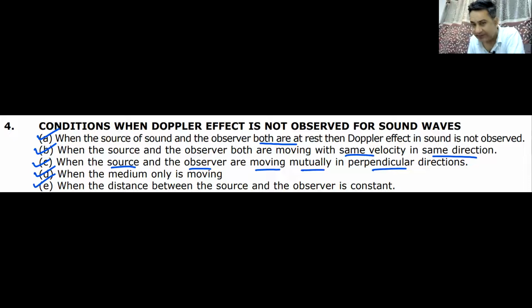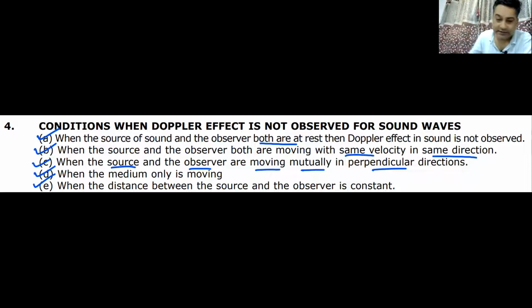This change in distance can be brought by only the source moving, only the observer moving, or both of them moving, but it cannot be brought by only the medium moving, or by source and observer moving in the same direction with the same speed.